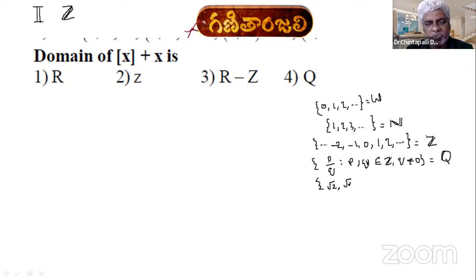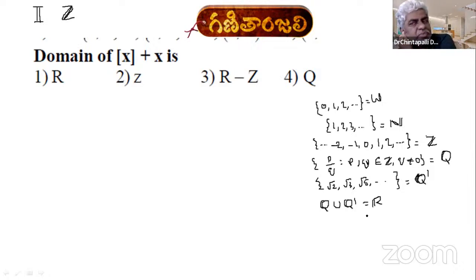Root 2, root 3, root 5, such numbers are called irrational numbers, opposite to rational. These are denoted by Q dash. The combination of Q and Q dash is equal to real numbers R.